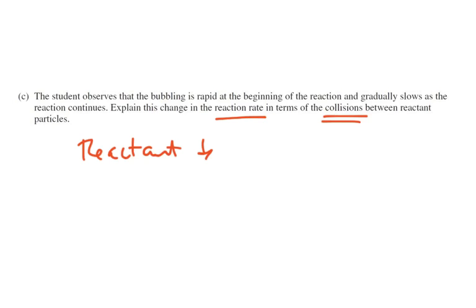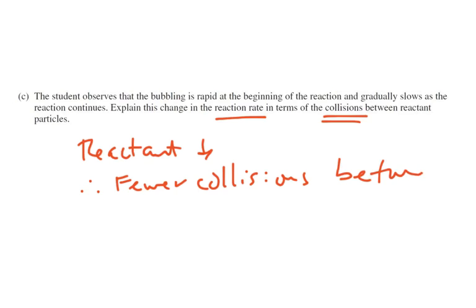And if there are fewer and fewer reactants, then we're going to have fewer collisions between the reactants, between the sodium bicarbonate and the acetic acid. Because there are fewer collisions, then we're going to have a slower reaction rate.